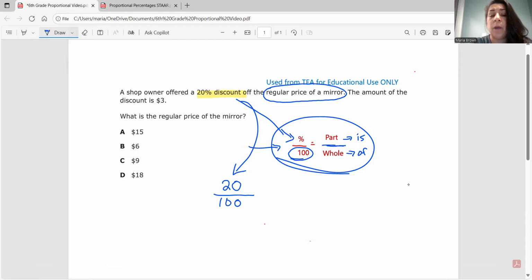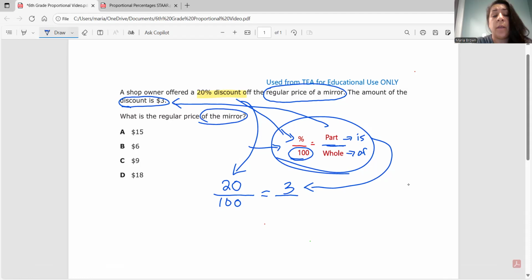It says the amount of the discount is $3. Now, if you notice, we have a keyword is right here. So I already know that the part is going to be 3, and that leaves the rest of it for the whole, which is the regular price of the mirror. We are looking for the whole.